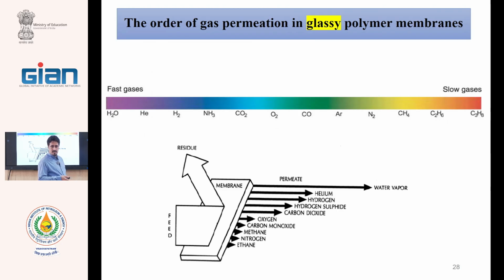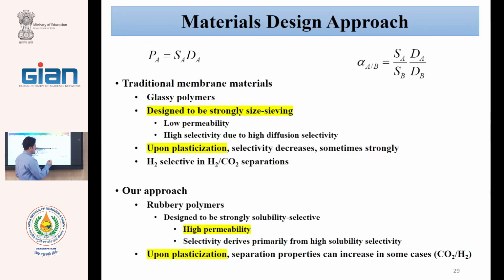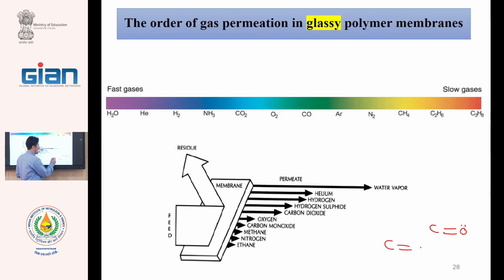Carbon dioxide is bigger, but carbon dioxide has rapid diffusion because it has two functional groups. Monoxide has one interaction place, but carbon dioxide has two interactions. Therefore, the solubility parameter of carbon dioxide is higher than monoxide and it has a higher diffusion rate.